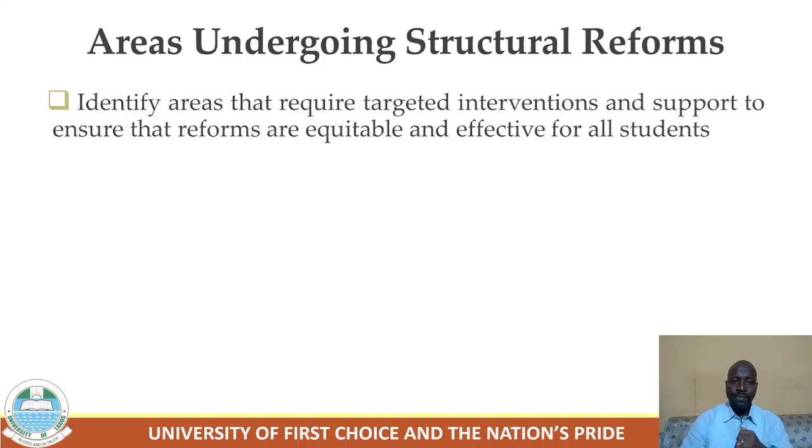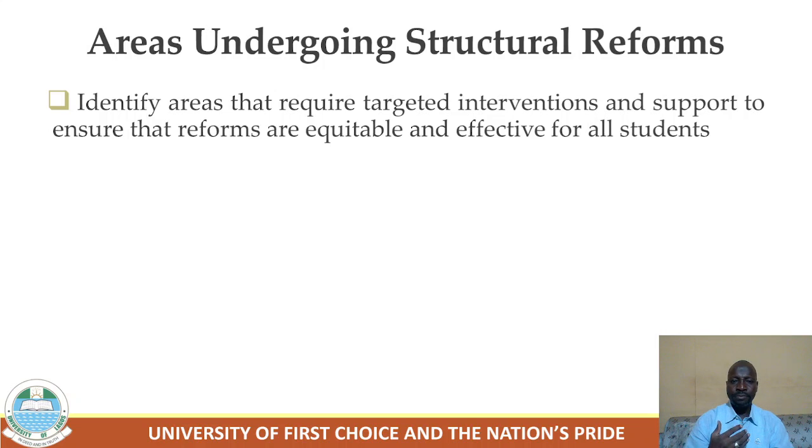One, we can use school mapping exercise to identify areas that require targeted interventions and support to ensure that reforms are equitable and effective for all students. Don't forget that I said areas undergoing structural reforms may be as a result of policies. They are being driven by policy reforms.